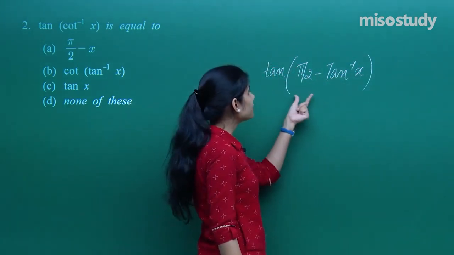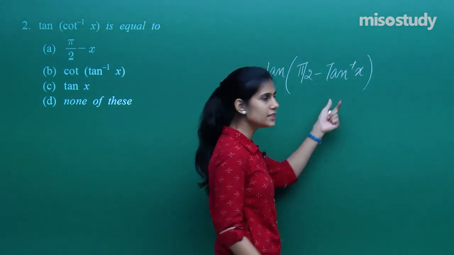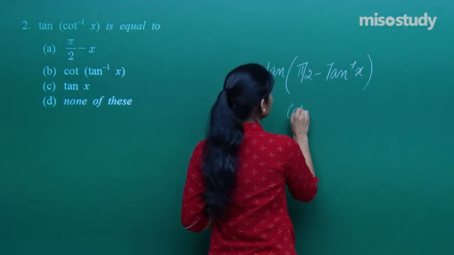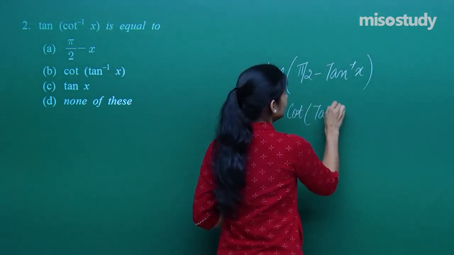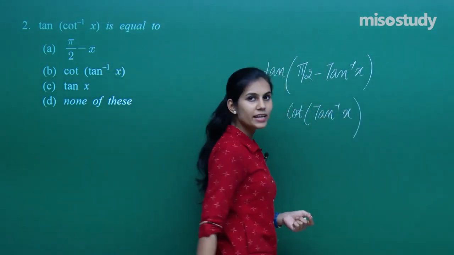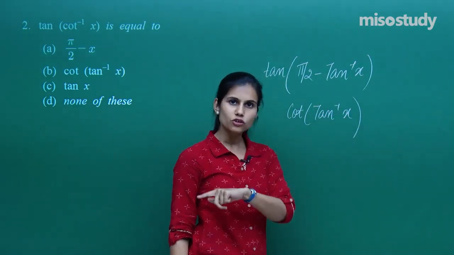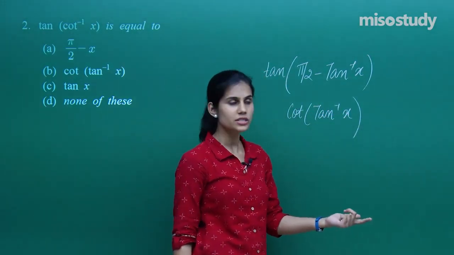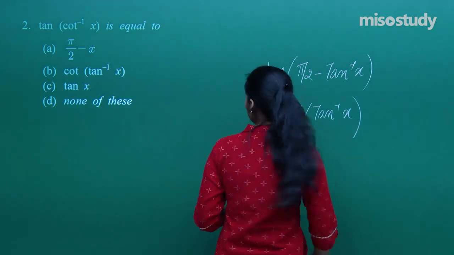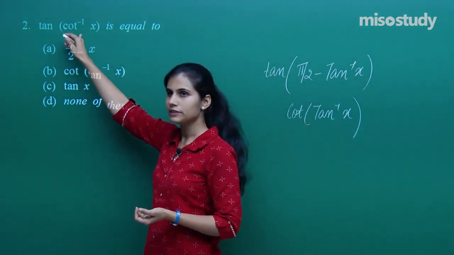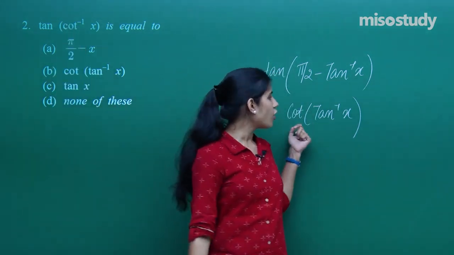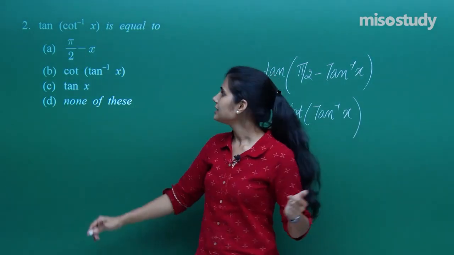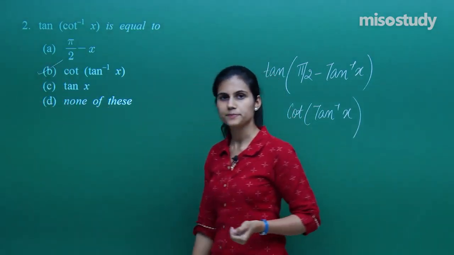Now you know tan of 90 minus theta is cot theta. So this becomes cot of tan inverse x. So using the two very basic properties related to trigonometric and inverse trigonometric functions, I was able to conclude that this particular expression of tan of cot inverse x is actually equal to cot of tan inverse x, and that is what is my answer.